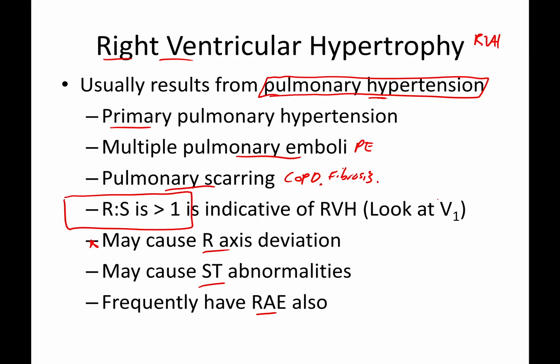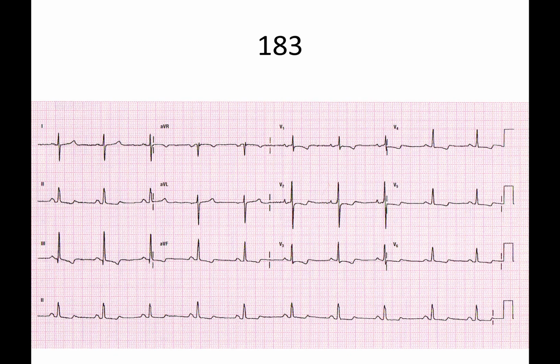That's going to be in V1, and we'll show you an example real quick. So 1, 2, 3, and 4. Our rate is 58. We've got sinus bradycardia.